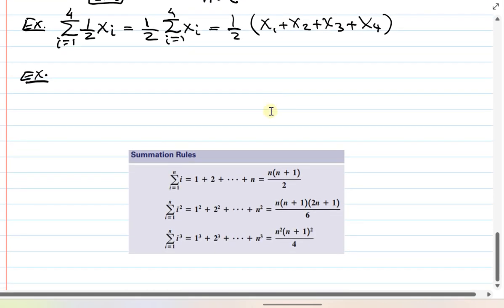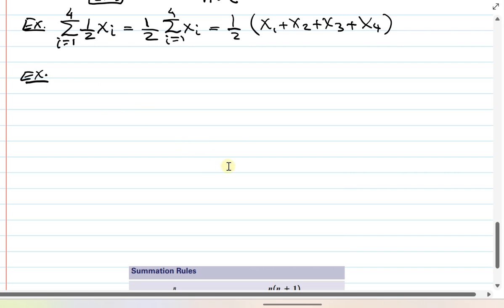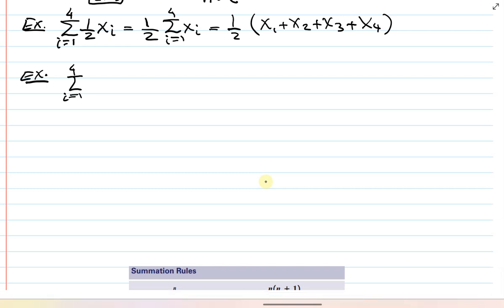We'll look at this property of summation later. So in this example that I'm making up, suppose I have the sigma, i from 1 to 4, of, let's say, parentheses 3i squared plus 2i minus 4.